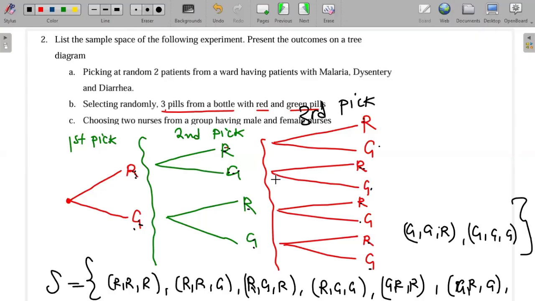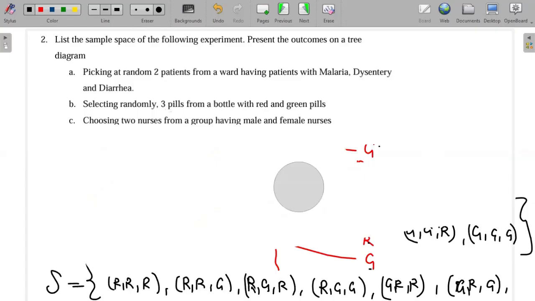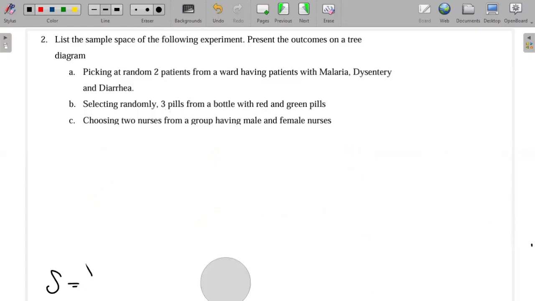Okay, so if there are no questions, we move on to part C. Okay, so what does part C have for us? So part C, it's saying choosing two nurses from a group having male and female nurses. Okay, so this group has male and female nurses, and then I just want to choose two nurses from there.